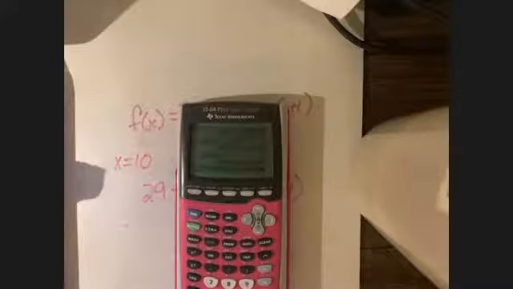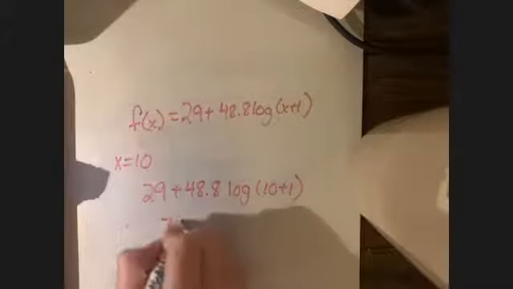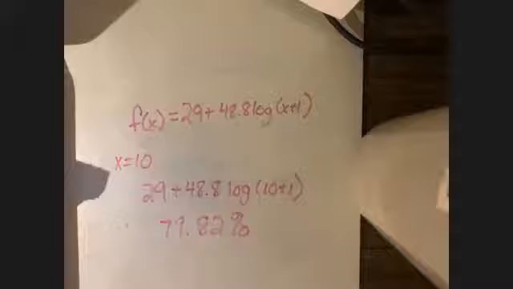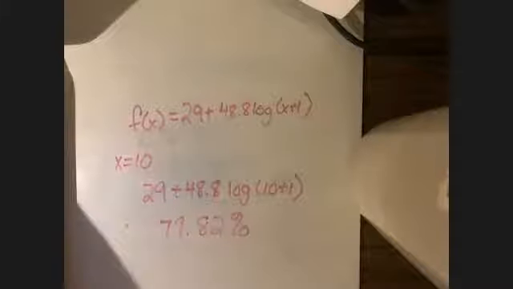Make sure that you are closing that set of parentheses when you are done with the log command. Okay, so we're going to let this go. And we get 79.82 is what I'm going to call it. And again, that was a percentage. So we have that. Hopefully everybody's good with all of that.